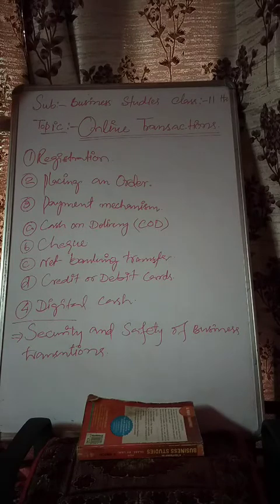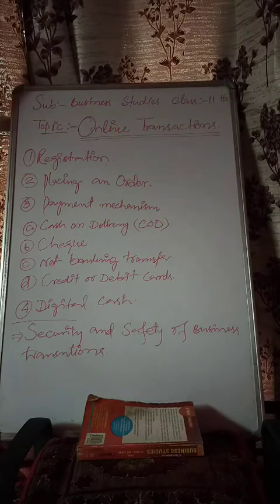Second one, that is check. Under this method, the vendor, before making the delivery of goods, makes arrangement for collecting the check from the customer. Third one, that is net banking transfer.